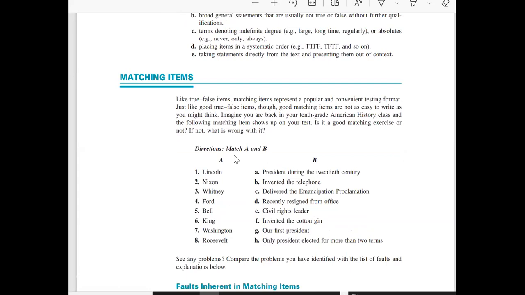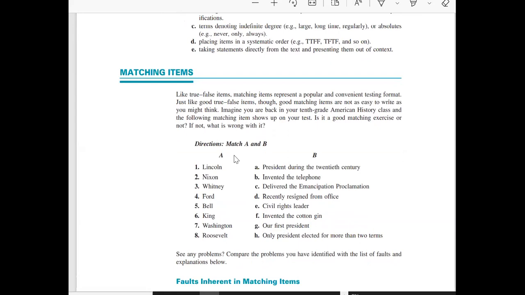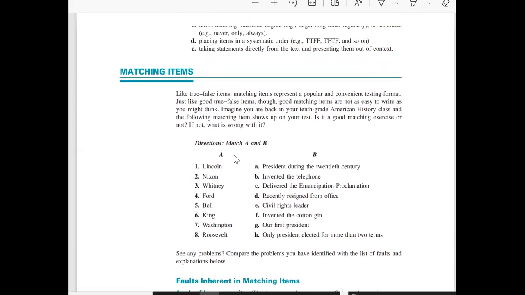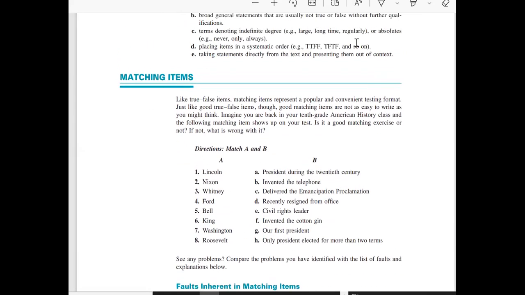I'm going to just tell you, for the sake of time, a lot of things are wrong with this matching item here. This is not how a matching item is supposed to be set up. I don't know, he must have laid it out somewhere at the top and I must have missed it. But when you're doing matching items, you're supposed to put the descriptions or the long statements on the left-hand side and the concepts on the right-hand side.